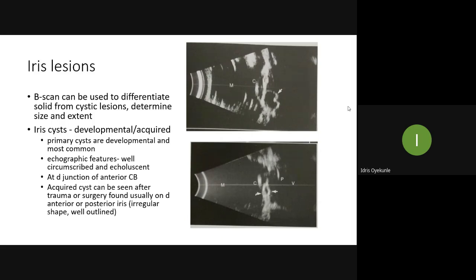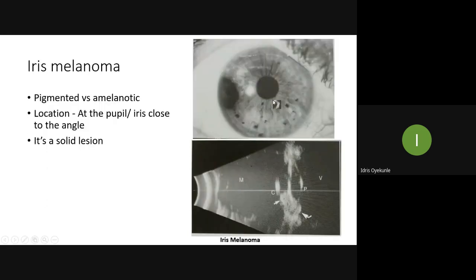They're very irregular and well outlined as well. So this is a secondary cyst, but this is a primary cyst here. A very important disorder to look at also is the iris melanoma.